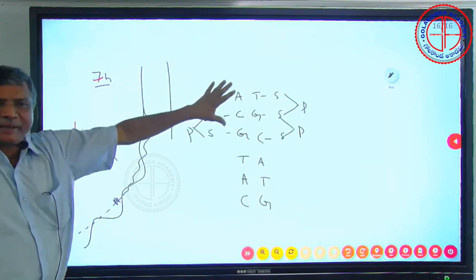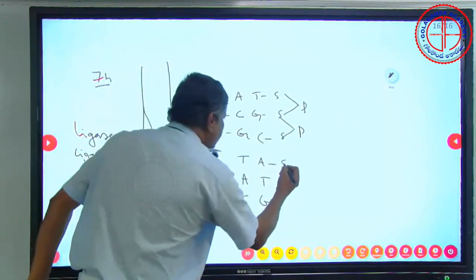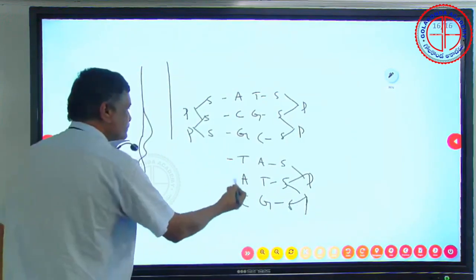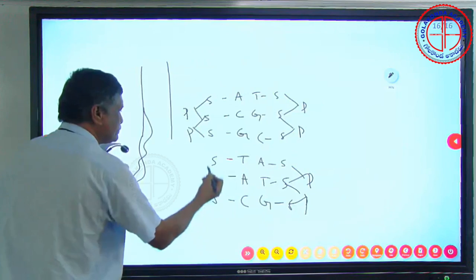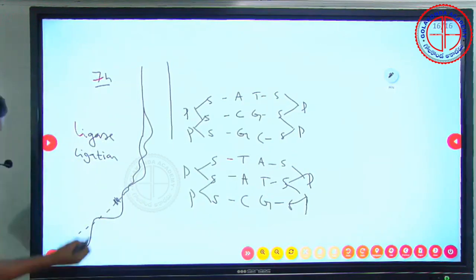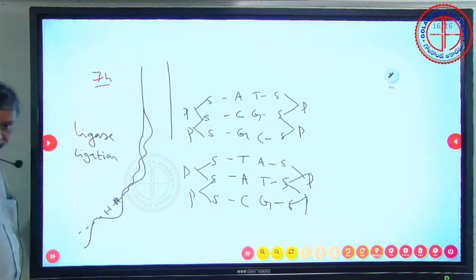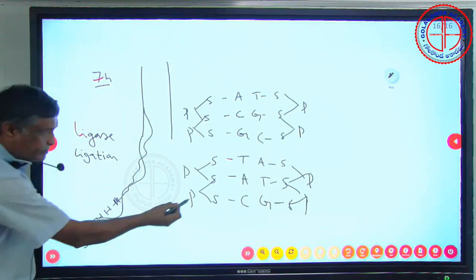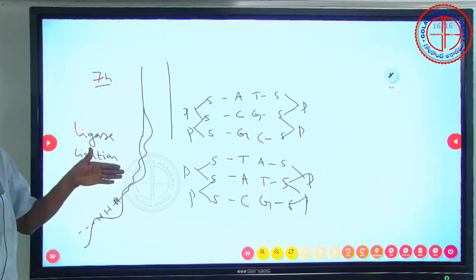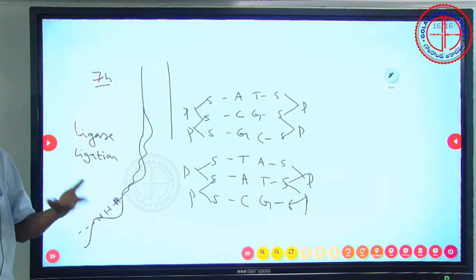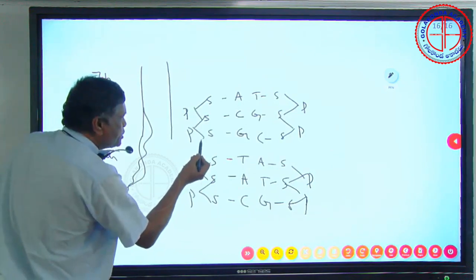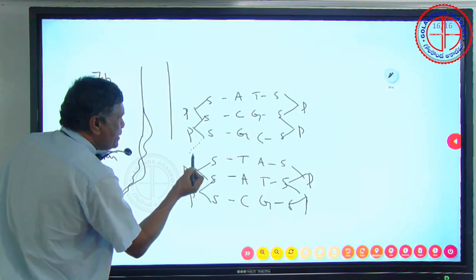Piece of DNA. It is also a piece of DNA. If you apply ligase, what can be done? Ligase is able to form phosphodiester bonds in between sugars.